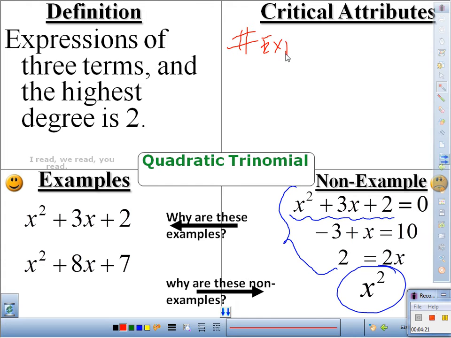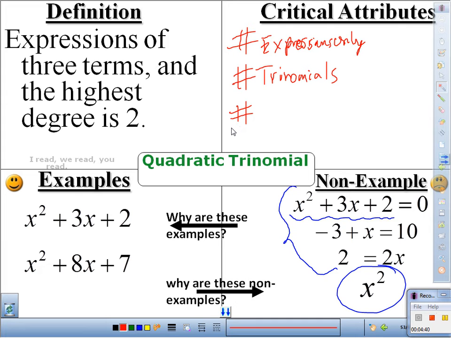Expression only. Hashtag what? Trinomial. And hashtag what? We're left with one. Yeah, that's a trinomial.